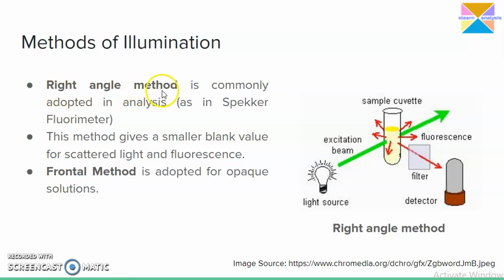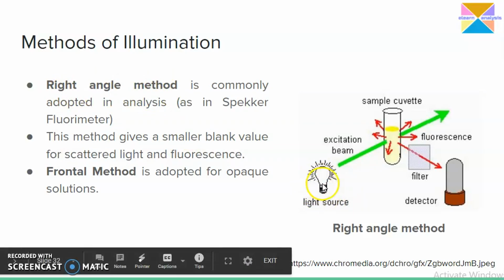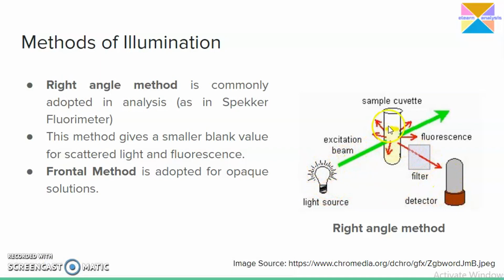In the right angle method, we arrange the detector and the light source at right angles, so that when the light falls on the sample cuvette, rather than keeping the detector in line as we do in the frontal method, we prefer to keep the detector at right angles to the source of radiation. And this method is useful to give smaller blank values for scattered light and fluorescence.